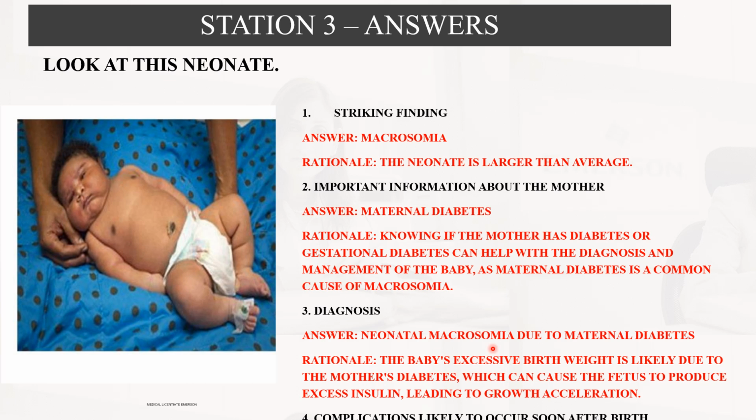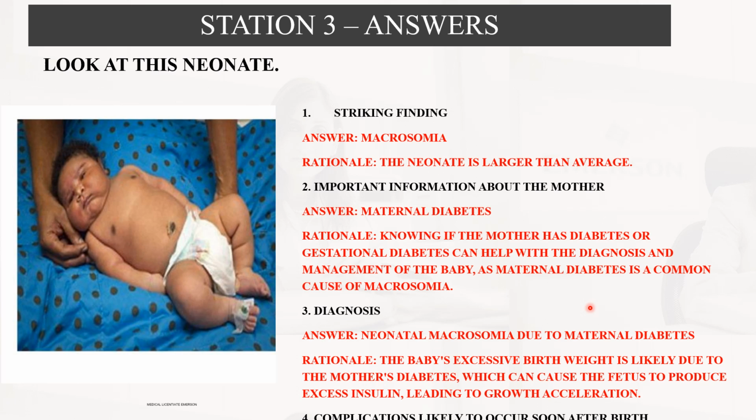you have to also know the condition you are being asked. For instance, question 4 says complications likely to occur soon after birth, and you even have to tally this question with the maternal diabetes. That's why here we are saying neonatal macrosomia due to maternal diabetes, because if it's just neonatal macrosomia, maybe it's being caused by Beckwith-Wiedemann syndrome, then of course we can't answer the question on complications likely to occur after birth, because it will be difficult.